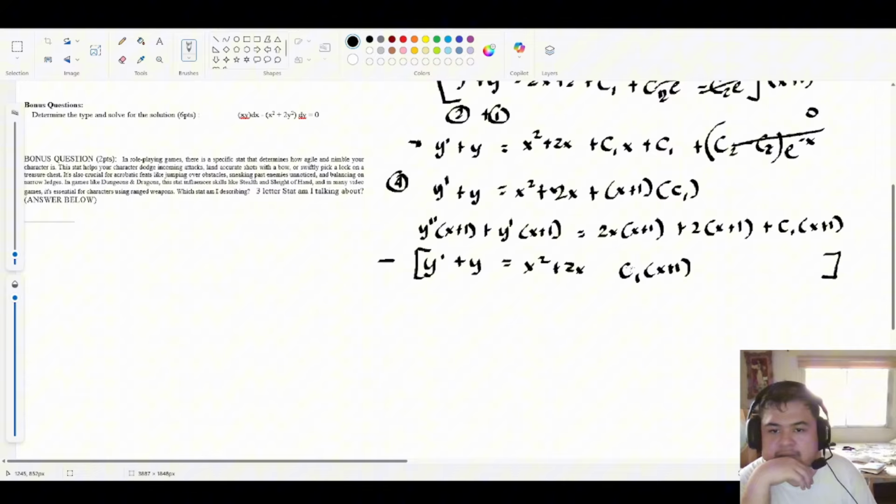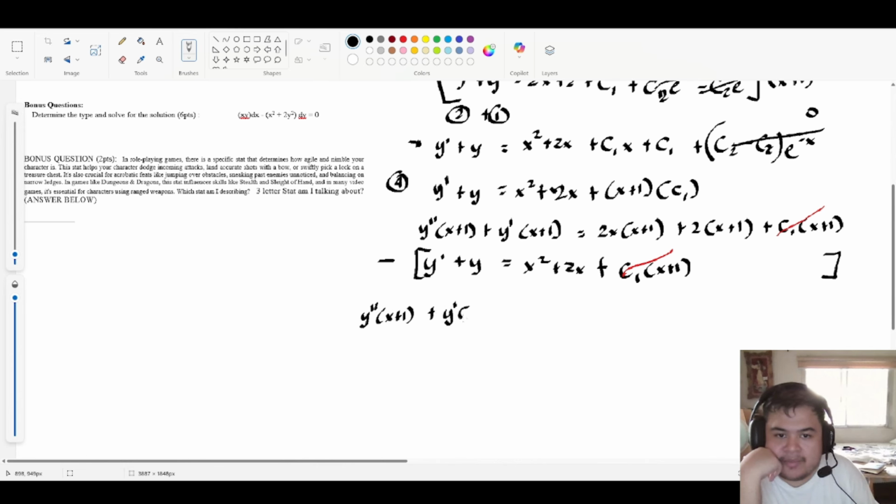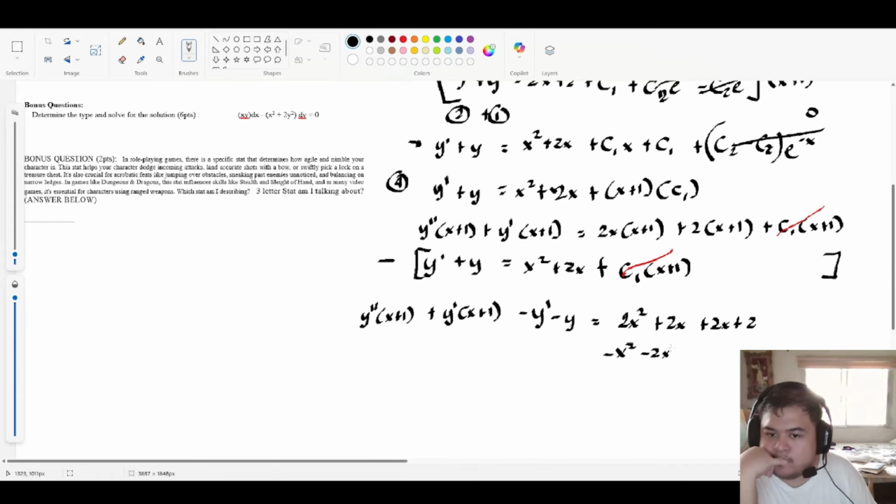So that's going to become negative. The c1 will be canceling each other out. Okay, so simplifying that, y double prime (x plus 1), y prime (x plus 1) minus y prime minus y is equal to 2x squared plus 2x plus 2x plus 2 minus x squared minus 2x.